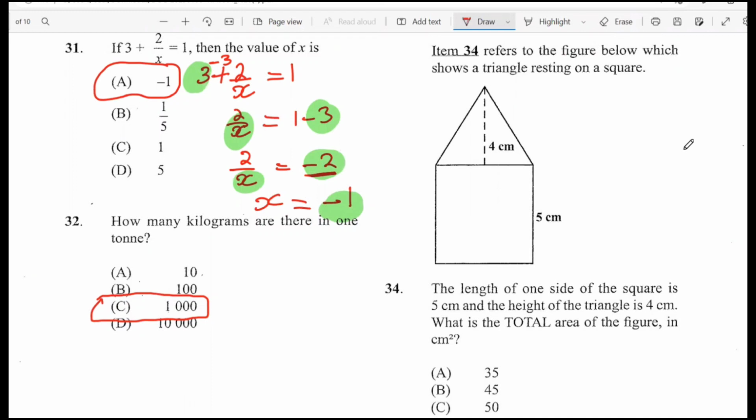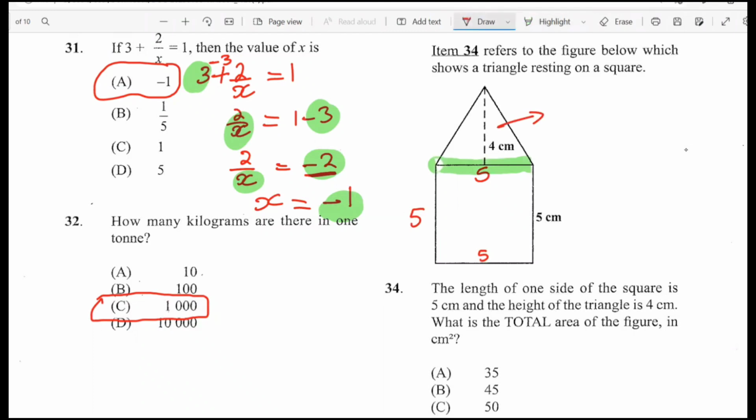What is the total area of the figure? So what we want to do is find the area of the triangle, find the area of the square, and add them. Remember, if they gave us a square, it means all the sides are equal, which means the base of the triangle is also 5.